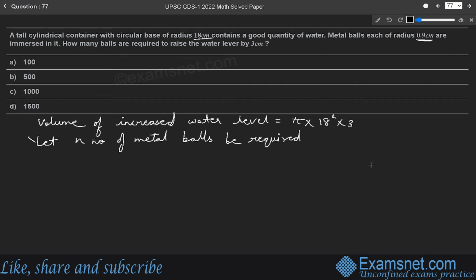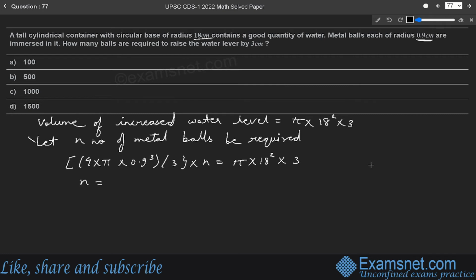We are assuming that the number of balls is n. Now according to the question, 4 into pi into 0.9 cube upon 3 into n is equal to pi into 18 square into 3. According to the question, this is the condition.